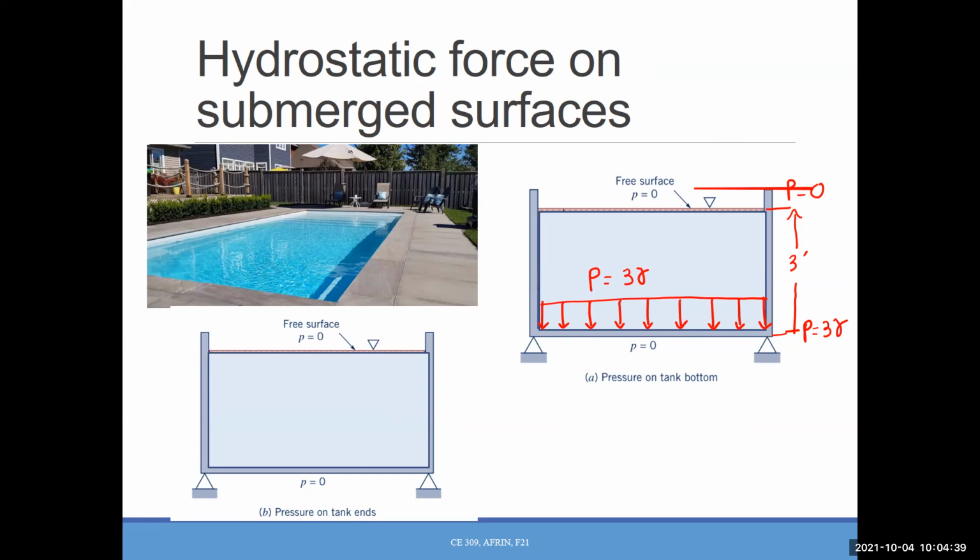And for the vertical one, again, it's 0, 3 feet. And the pressure here is 3 gamma. But this time, pressure is changing at different levels. So the pressure distribution will be something like that.